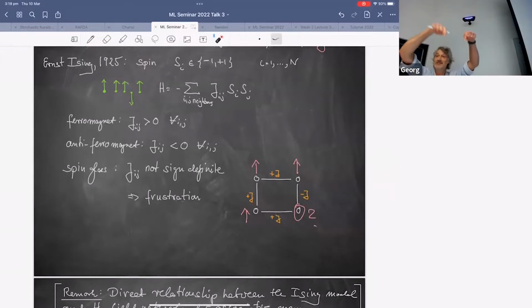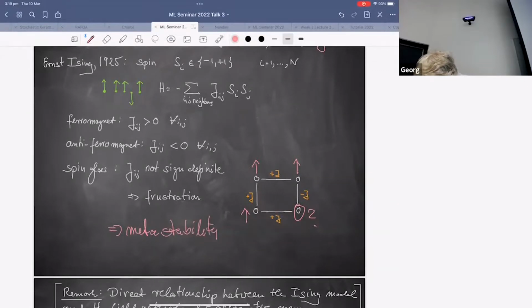You've got 8 states of -2. This frustration leads to something that we call metastability, where we have several minima and the system can get trapped everywhere. So that's a problem for us.